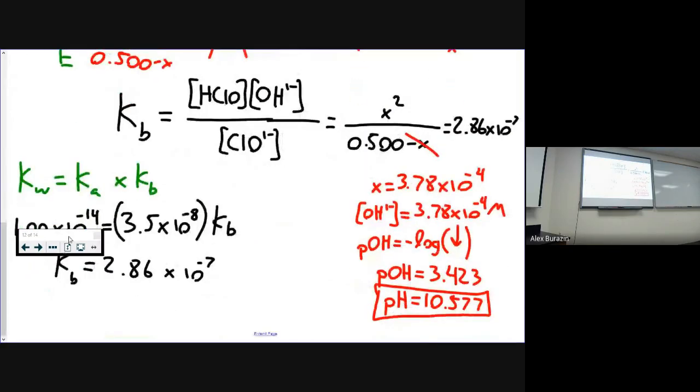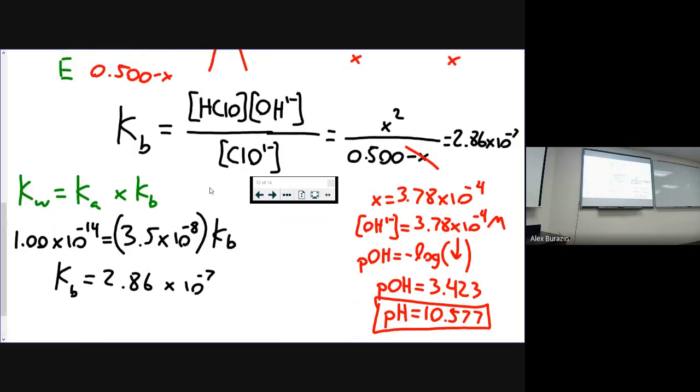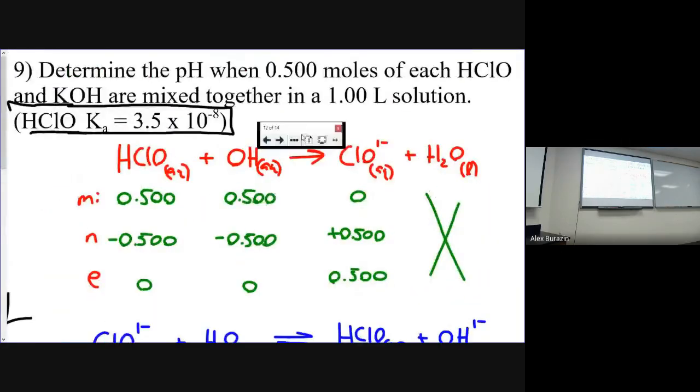All right. Let me recap. We had an acid-base reaction. We had a weak acid and a strong base reacting with one another. The very first thing we wanted to do was figure out what is left over after they've neutralized each other. So we started with an ICE table.